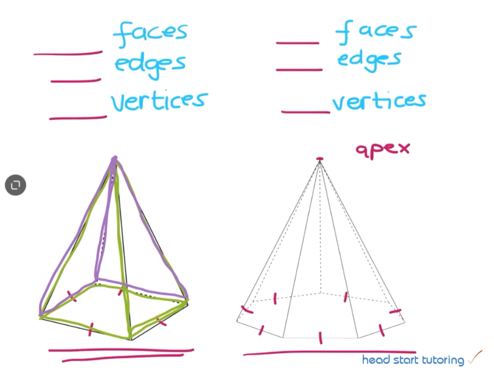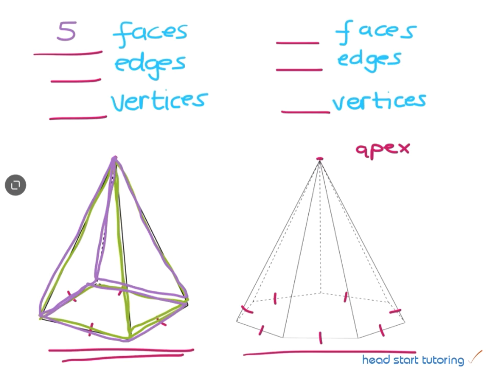faces altogether. So we've got our one face at the bottom there, our base, our square base, and we have then got 4 triangular faces on the sides, or lateral faces we will call them. So we have got 5 faces altogether, 1 square base and 4 triangular lateral faces.